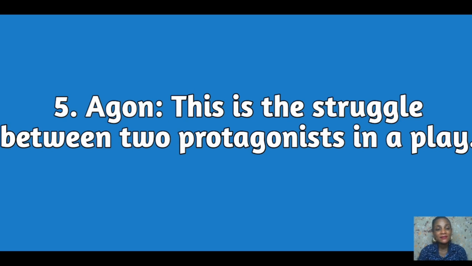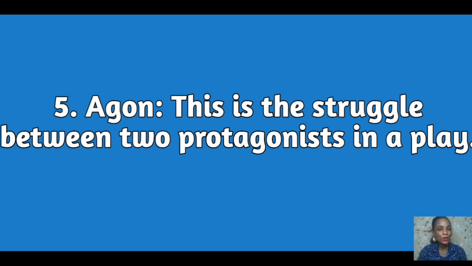The last element of drama we'll be looking at today is agon. This is the struggle between two protagonists in a play. Sometimes you can have more than one protagonist in a play. When we say protagonist, we mean the hero. Now, when these two heroes in a play have an argument or a conflict, we call it agon.